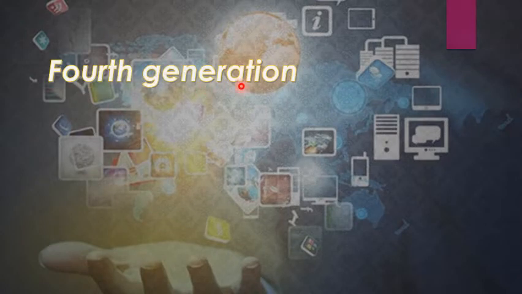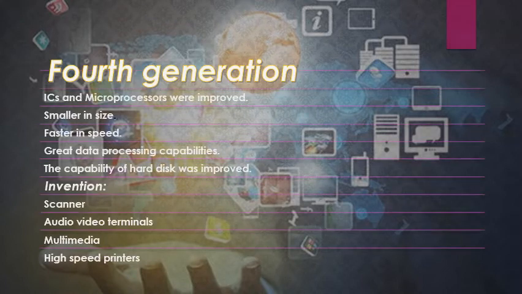So here comes the second last generation, fourth generation. You can see over here a few of the features of fourth generation computers. I told you that ICs and microprocessors were introduced in third generation for the very first time, but they have been improved now. They have been performing their function in a more proper way.